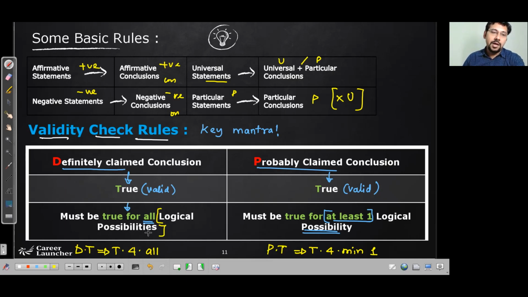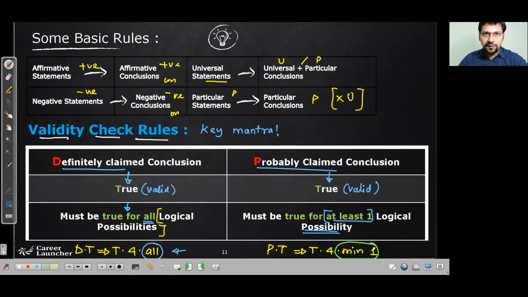Shortly after this slide, we will look at the logical possibilities of each type of statement. But it is very important to learn and understand that for definite claims, to ascertain whether the claim is definitely true, you have to look at whether it is true in all logical possibilities. However, if something is claimed to be probably true, it needs to be true in at least one logical possibility.